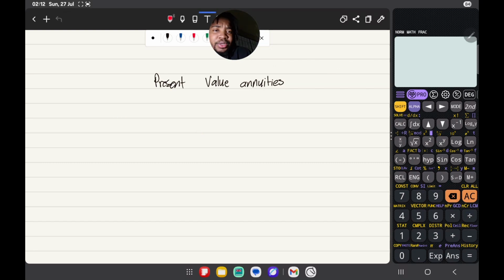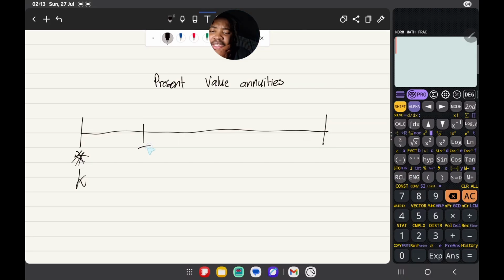Before those calculations, perhaps I can do a smaller timeline. So I need some cash that I'm going to deposit here, then there is T0, of course. Then T1, T2, T3, right?